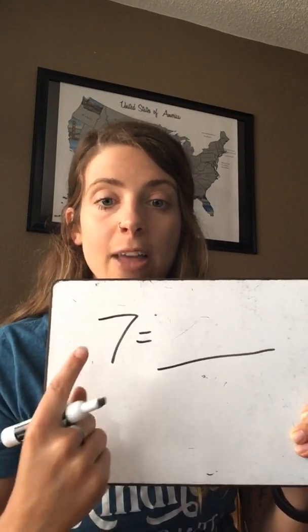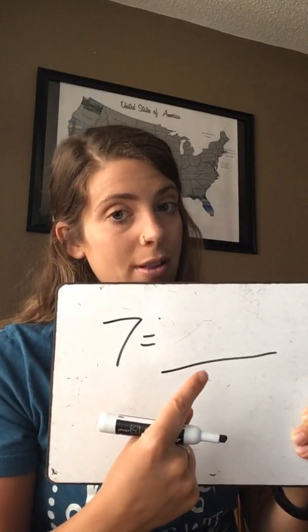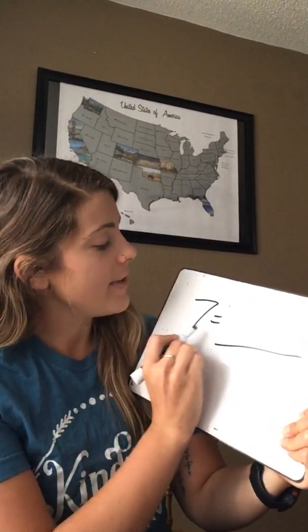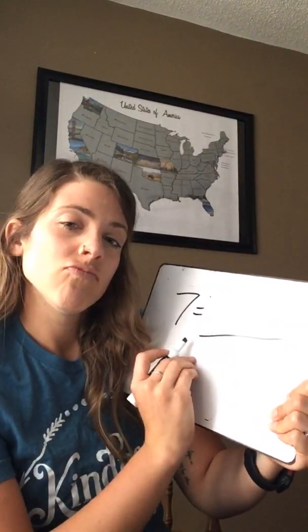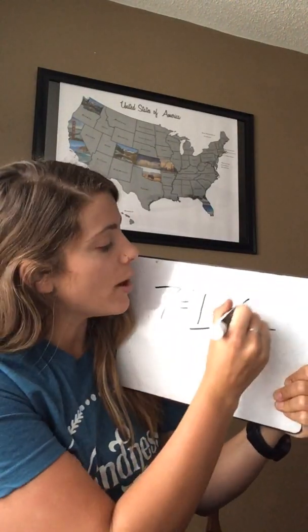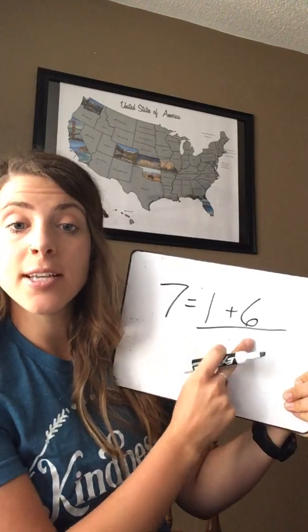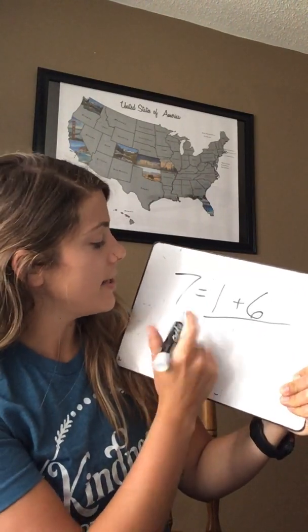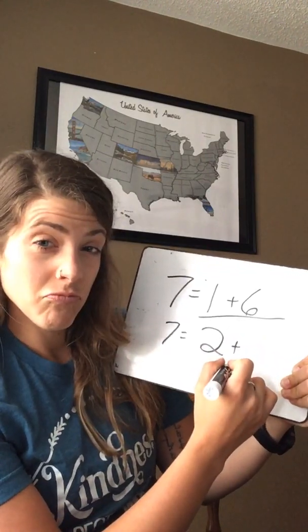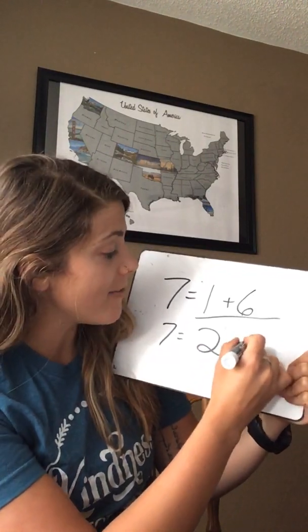All right, if you're back, that means you already wrote down what could 7 equal. And I wish I could see your thinking, but I can think 7 is the same as 1 plus what would equal 7? 1 plus 6. 1 plus 6 equals 7. I could say 7 is the same as 2 plus, what would it be? 5.